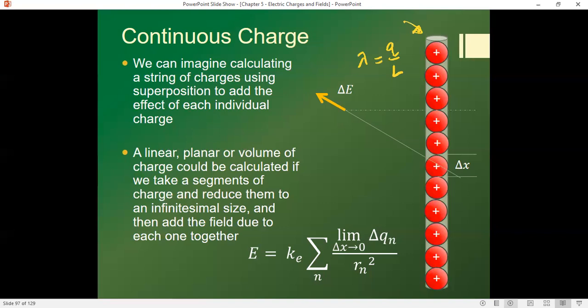Now, I can imagine that this bar is made of an infinite number of point charges, where I can take the effect of each individual charge as I take segments of this bar. We'll call this little segment delta x, and I'm going to make delta x smaller and smaller and smaller. So the number of charges is getting larger and larger until delta x goes to 0. And essentially, the number of charges goes to infinity as we approach that infinitesimal limit.